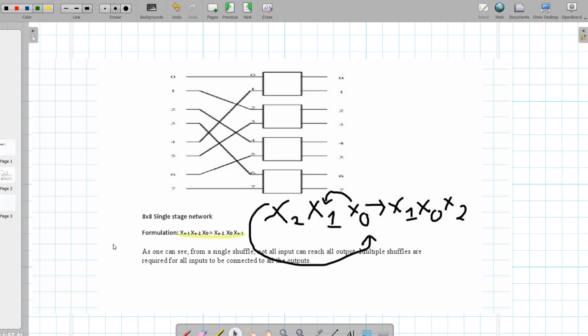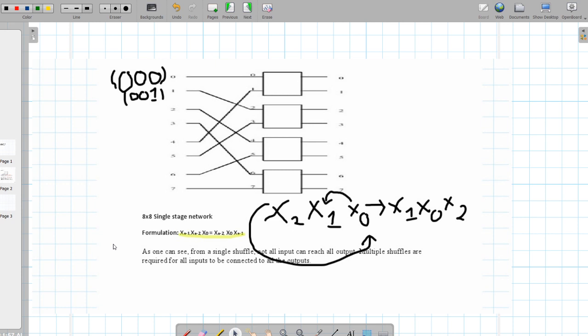The address of the first processor is 0 and its binary representation is 0, 0, 0. The address of the second processor is 1, so its equivalent binary representation is 0, 0, 1.